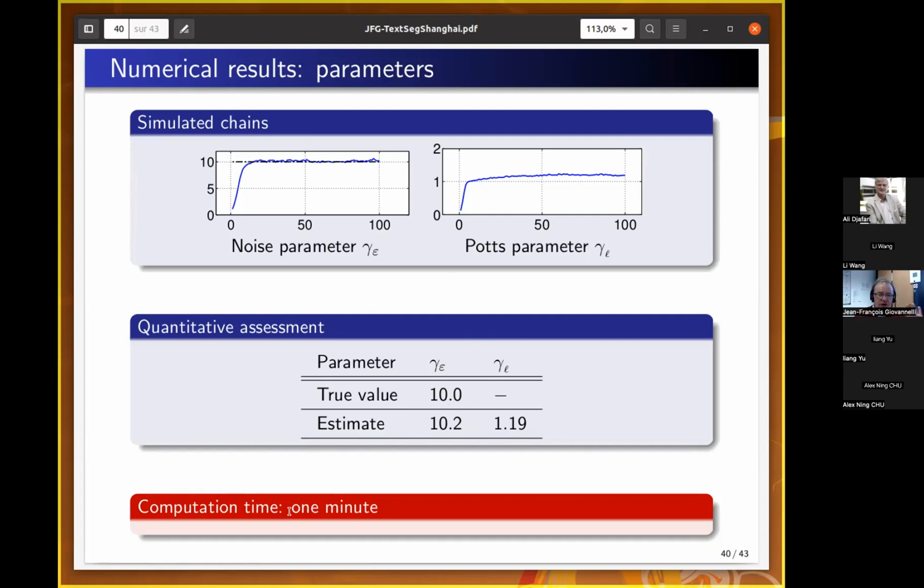And it is only about 1 minute of computation. So it is a rather fast algorithm, given that we sample the label, the texture images, the texture parameters, and the noise level, and so on. A lot of parameters. And it is MATLAB code that just runs for 1 minute.